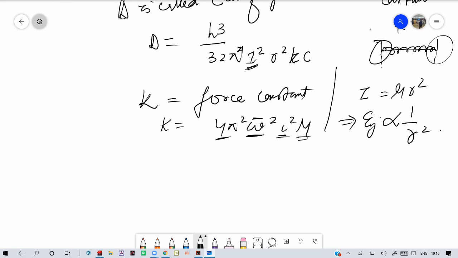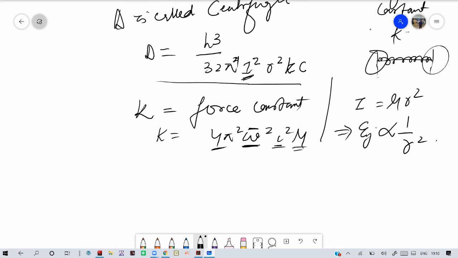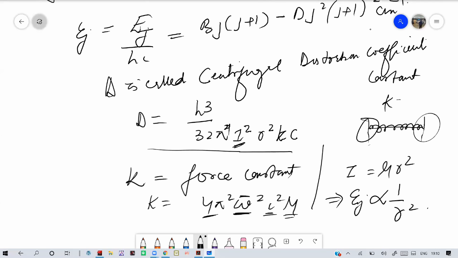Whenever there are anharmonic terms in this, then the equation becomes more expanded.